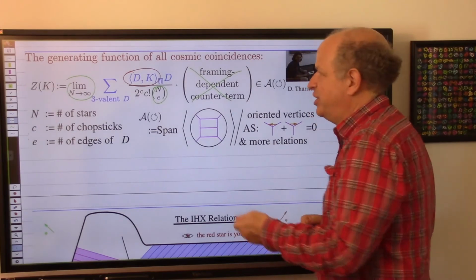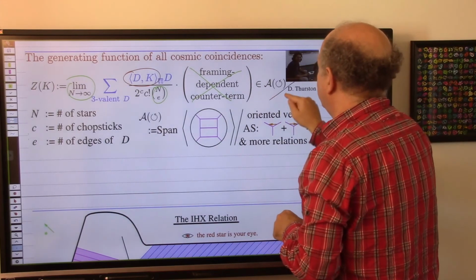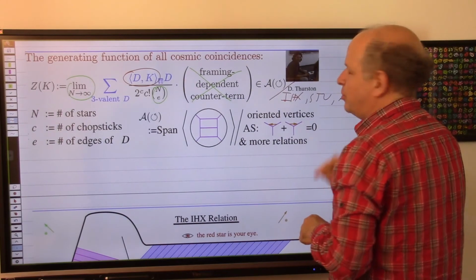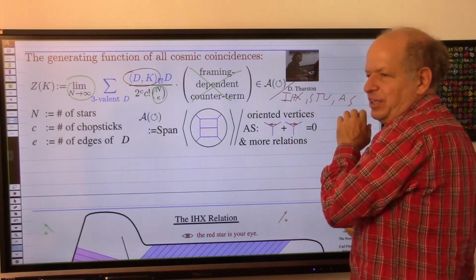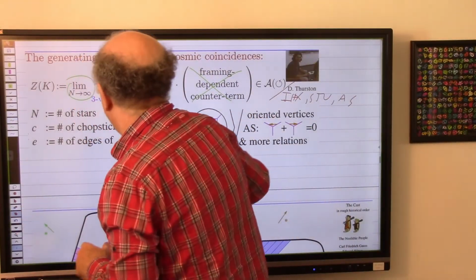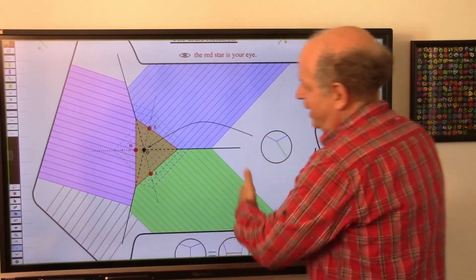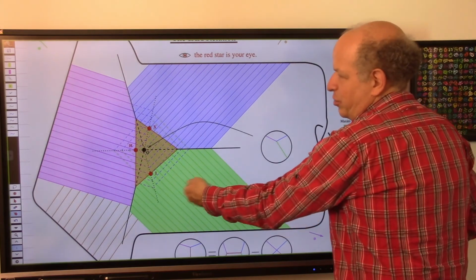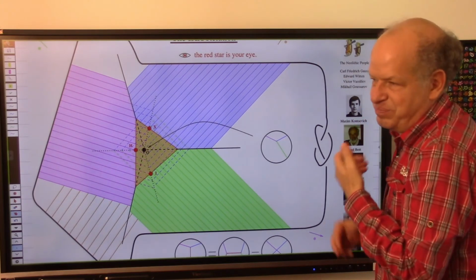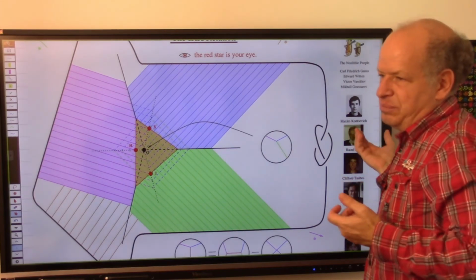I'm only going to assert that if you pack all of them together and mod out by the IHX relation and the STU relation and the anti-symmetry relation, only then you get an invariant. So I have to explain where in this crazy description the IHX relation comes from. And the IHX relation ends up coming from this crazy diagram drawn here, but I'm afraid I'll have to explain it next time. So see you on Friday.